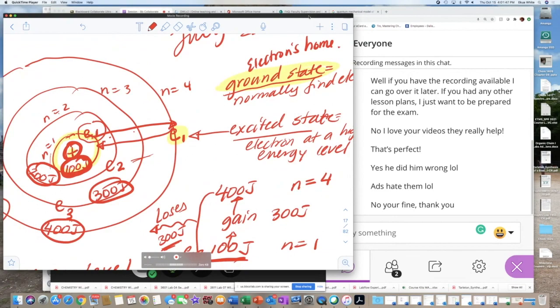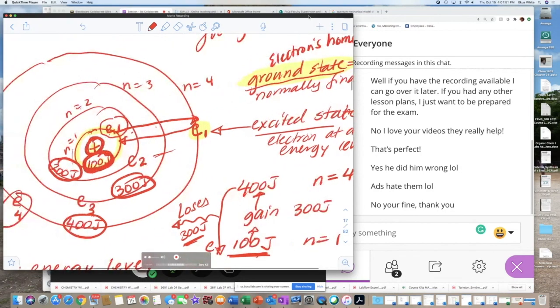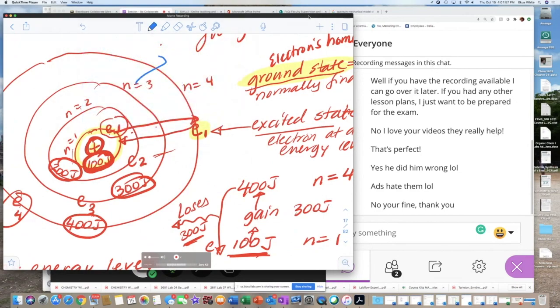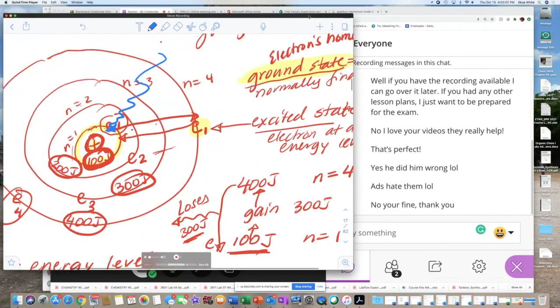If we light a chemical or maybe pass electricity, energy will come from outside and the energy will zap the electron, or the electron will absorb the energy. And when the electron absorbs the energy, it is able to go to a higher energy level.